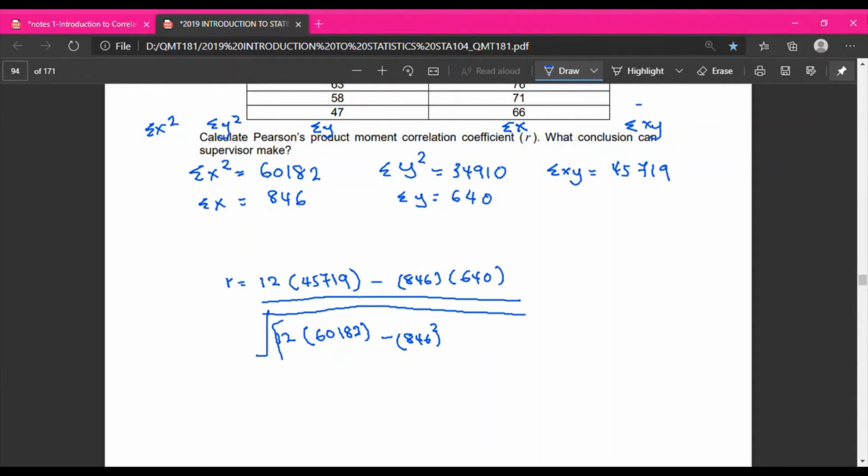Okay, this is for x. Now do the same for y, which is n multiply with summation y square, 34910, multiply with summation y, 640 square. Okay, so calculate that.